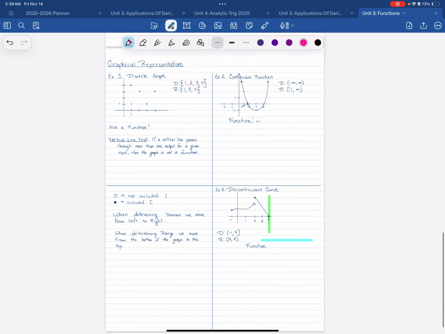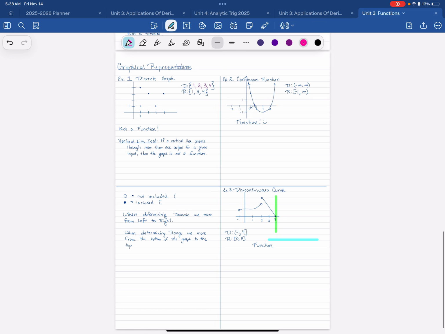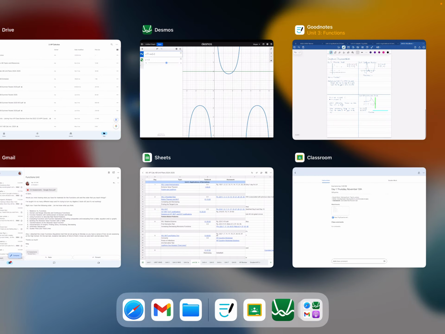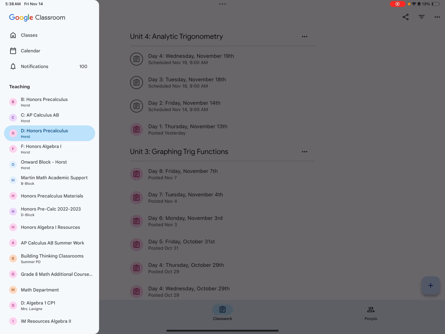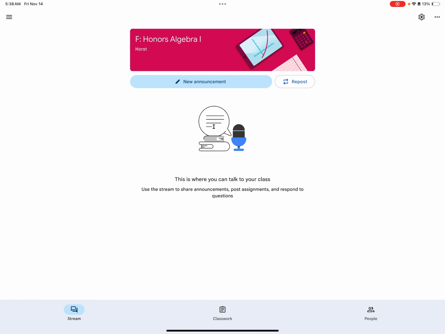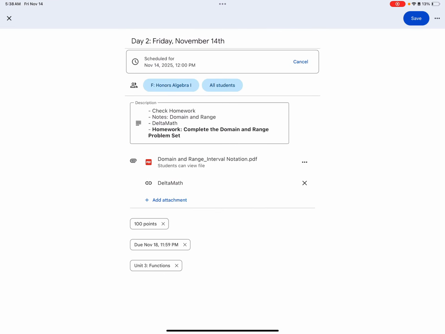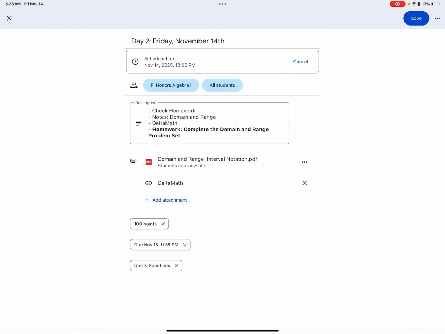All right, so from here, I have a Delta Math that should help to make things make a little bit more sense, just because you'll be able to visualize it a little bit more. And then you have a worksheet that looks like this for your homework.